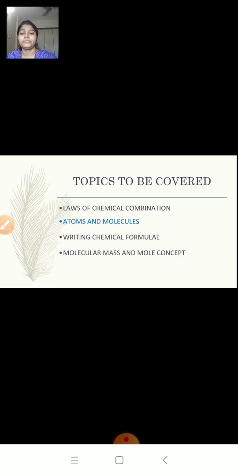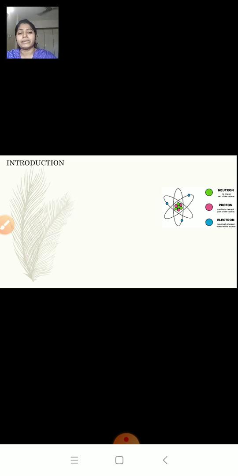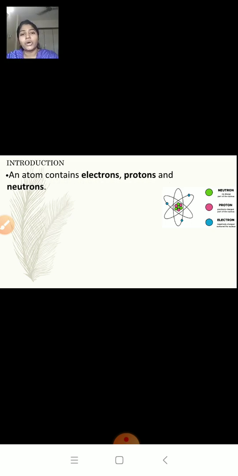Okay. Now before starting with ions, let us understand a bit more about atoms. Now we have learned Dalton's atomic theory. In that theory, Dalton said that atoms are indivisible. We cannot divide it further. But later it was proved to be wrong because an atom is made up of three subatomic particles called electrons, protons and neutrons.